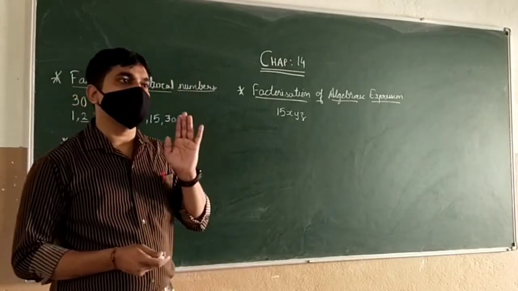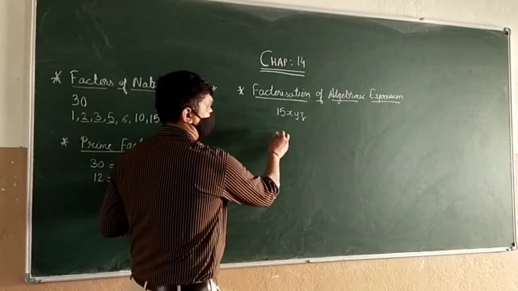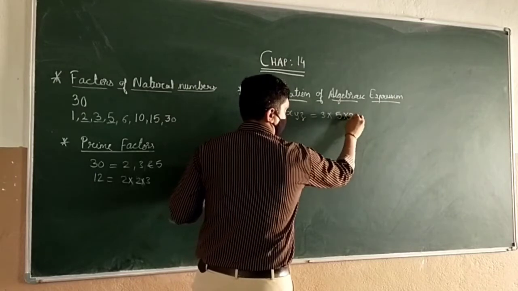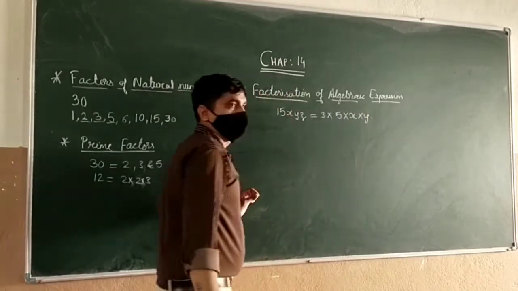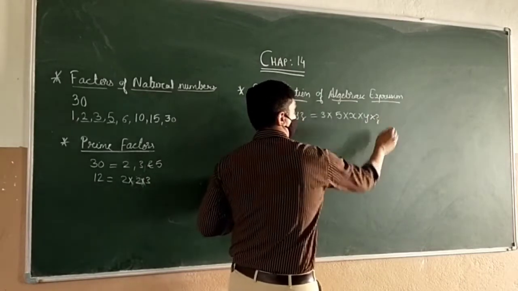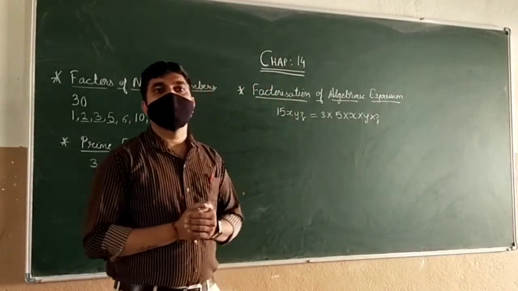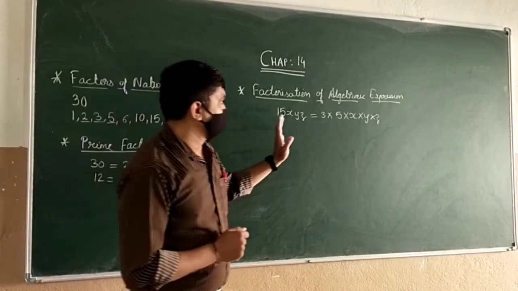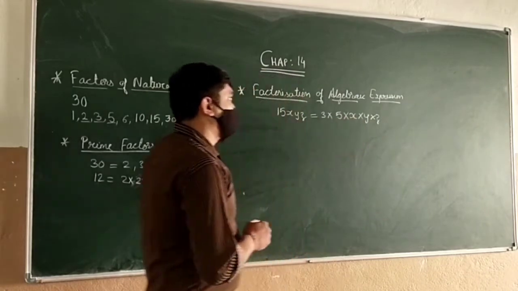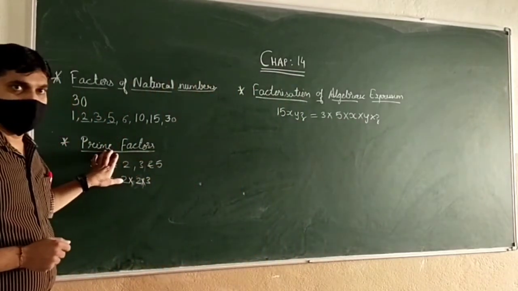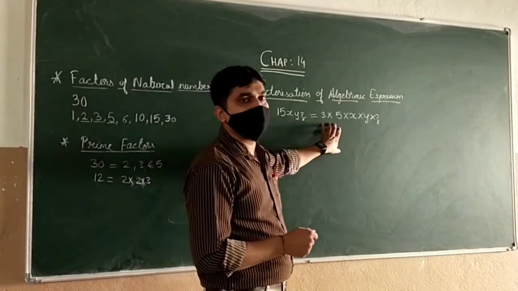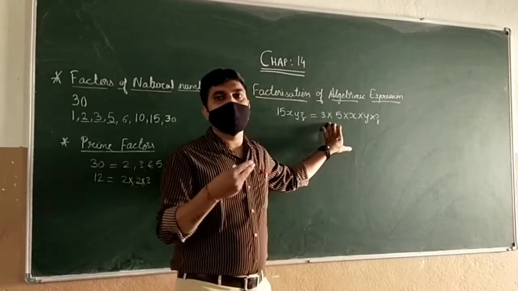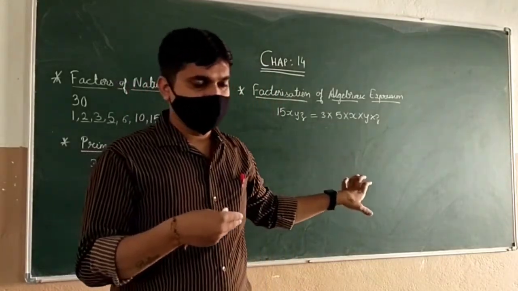We are carrying out only the prime factors. So 15, can I write 3 into 5 into x into y into z? Sorry, I forgot it. This will be the prime factors of 15xyz. Understood? Now, in the case of natural numbers, we say prime factors. Here we will say irreducible factors; factors which cannot be further reduced are called irreducible factors.